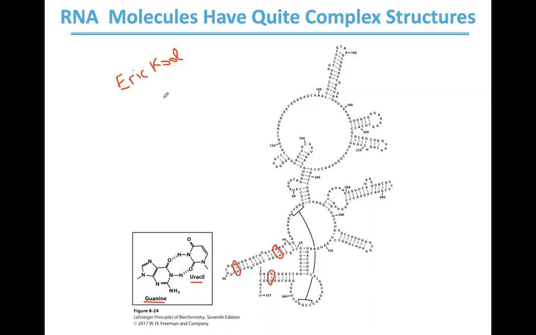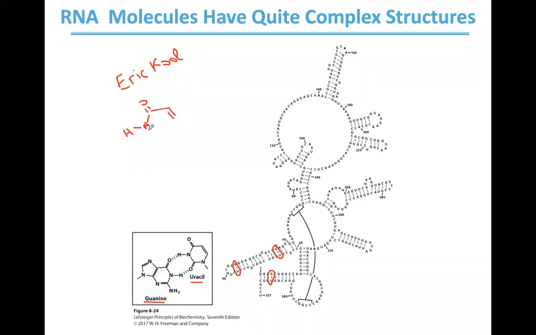Basically, what he's done, for example, is remove this carbonyl here, right? So instead of uracil, he will keep this NH in place.